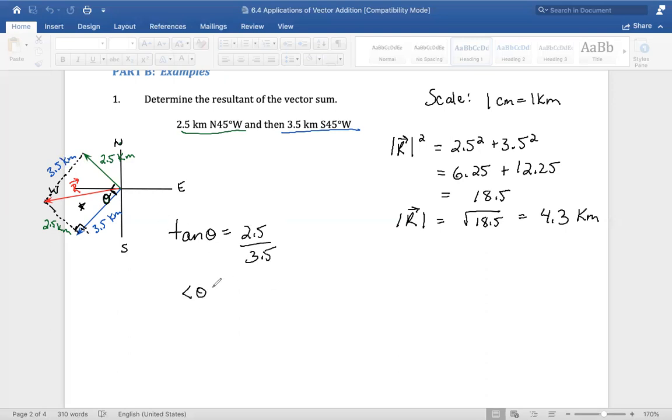So again, angle theta is going to be, if you remember, the tan inverse of 2.5 over 3.5. Okay, so do that on your calculator, tan inverse, and you should have about 35.5 degrees. So we have to be careful because that's only theta there, right? That angle is 35.5 degrees.